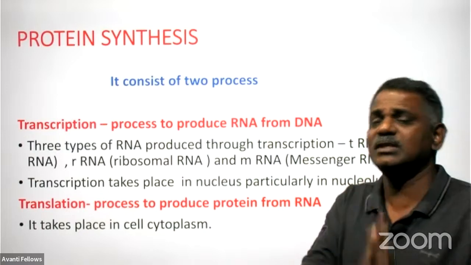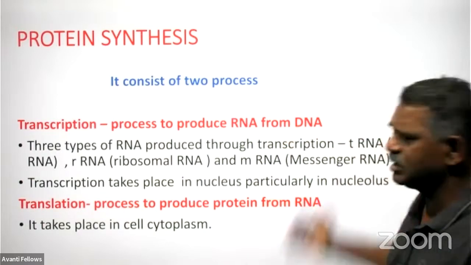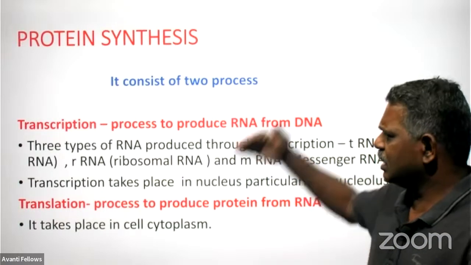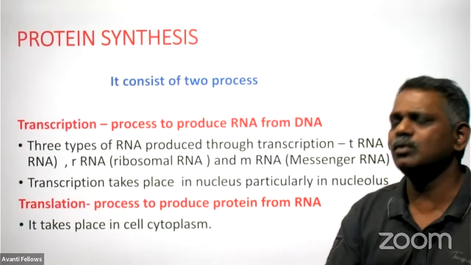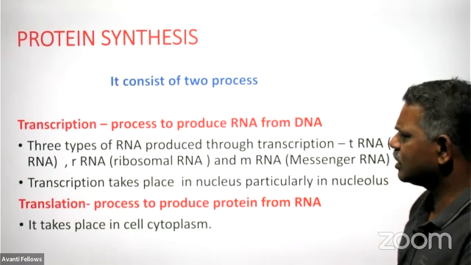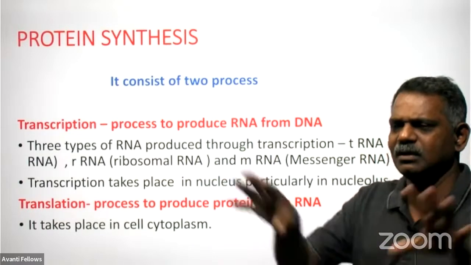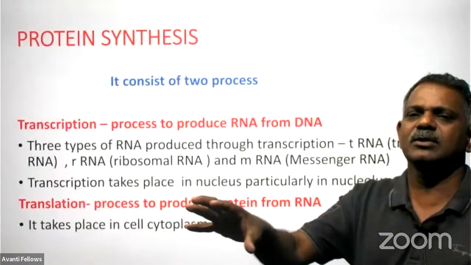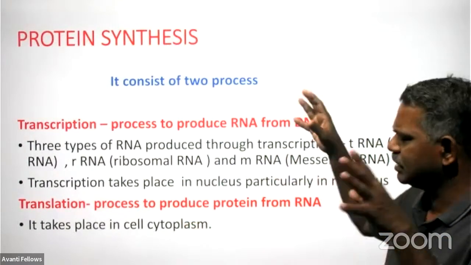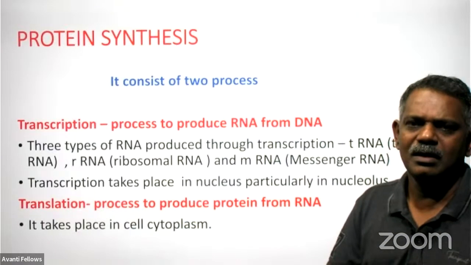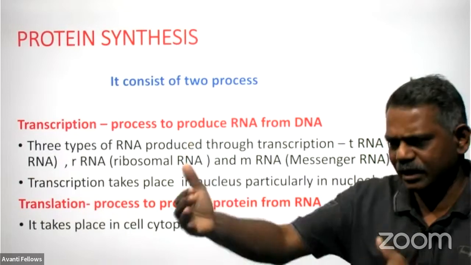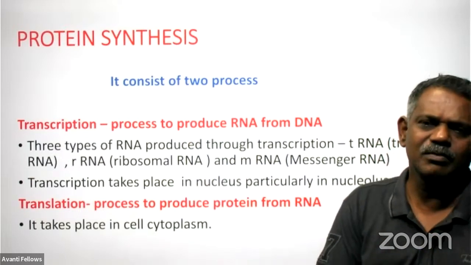And after producing this RNA, three types of RNA, tRNA, rRNA, and mRNA, these RNAs are taken to the cell cytoplasm from the nucleus for producing the real protein, because the information about the chemical nature of the protein is now with the RNA only, because it is just copied in the nucleus from the DNA and taken to the cell cytoplasm.